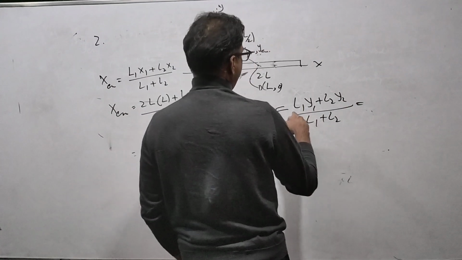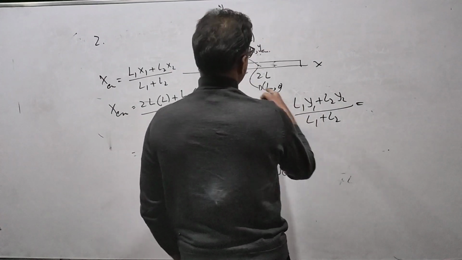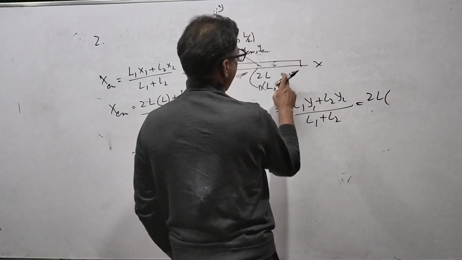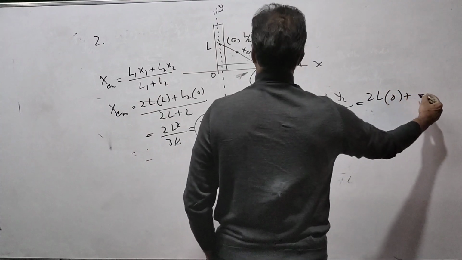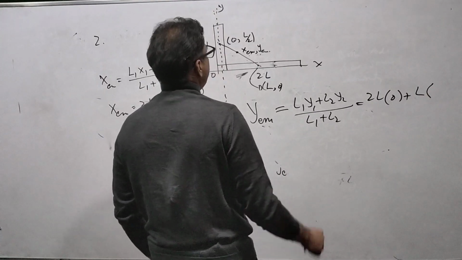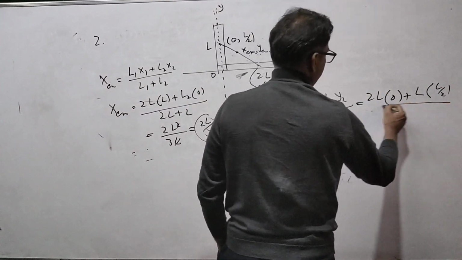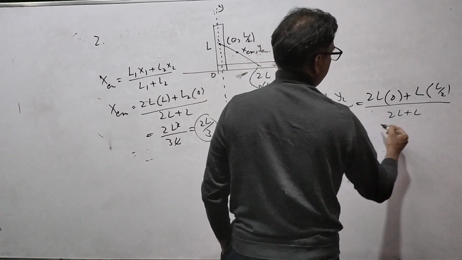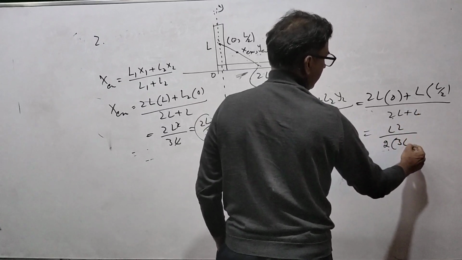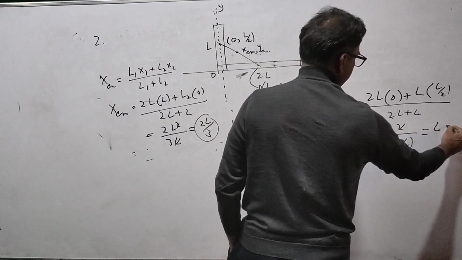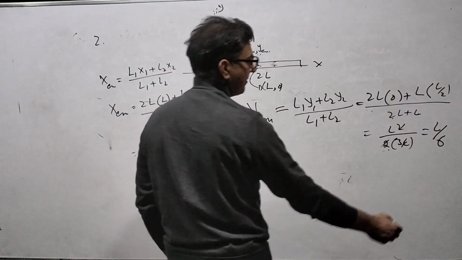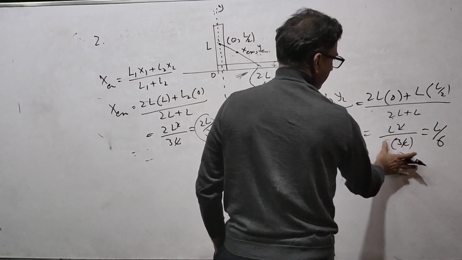So L1 is 2L, and Y1 for this rod is 0, plus L2, that is L, the total length, and its Y coordinate is L by 2, divided by L1 plus L2, that is 2L plus L. So that will be L square by 2 into 3L, this gets cancelled, L by 6.